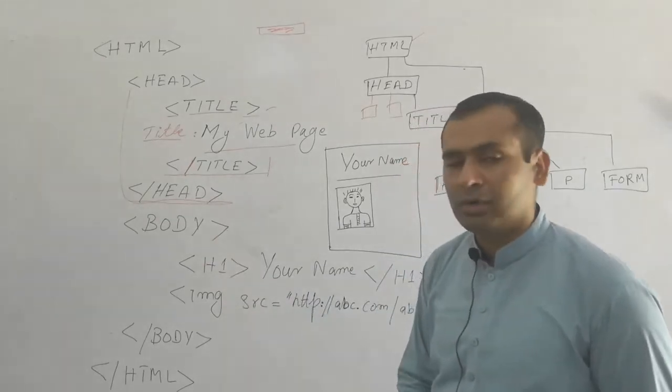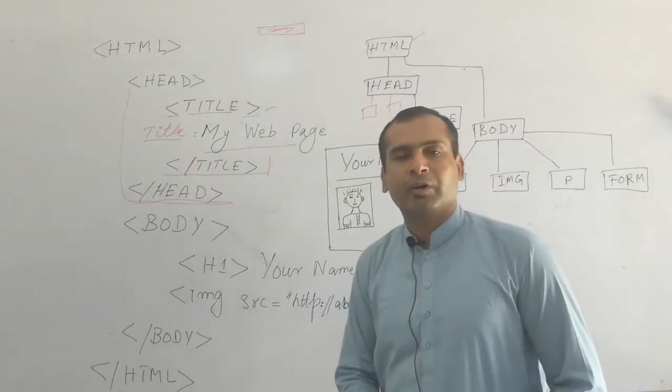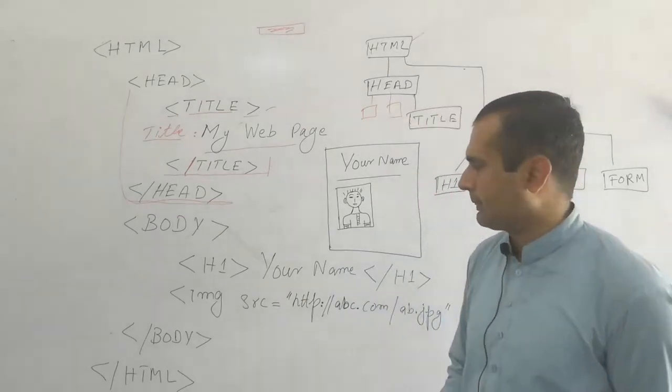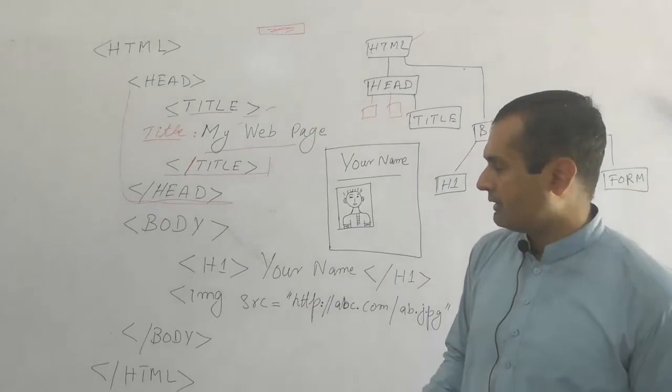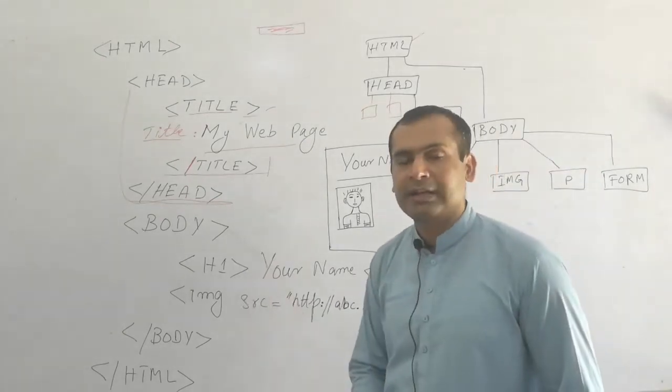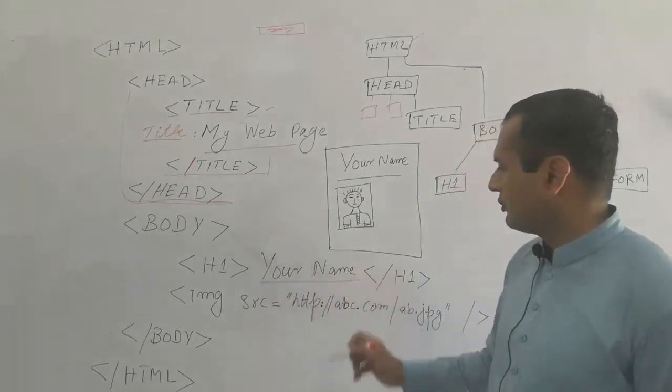We are starting the body tag or body element. In the body element, the actual content of our web page goes. Over here we have a header 1 tag. It is also known as the header 1 element. Header 1 contains your name, whatever you write as your name.